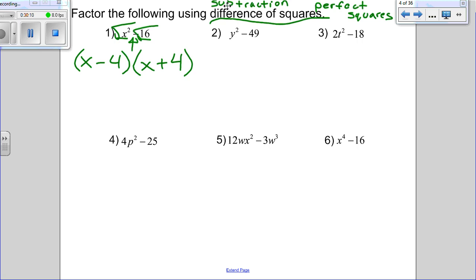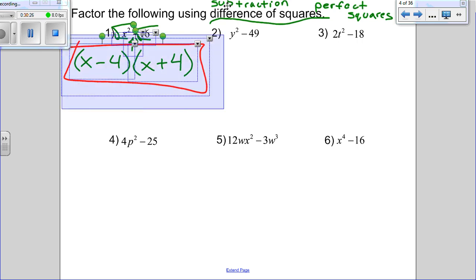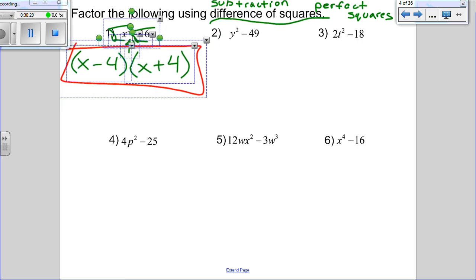I want you to try the second one on your own. So give it a shot. I'll talk through it while you try it on your own. First step is I had to make sure I had a difference of squares. I do. It's a subtraction, and I can square root everything that's present. That means I do my difference of squares, which means square root and square root.